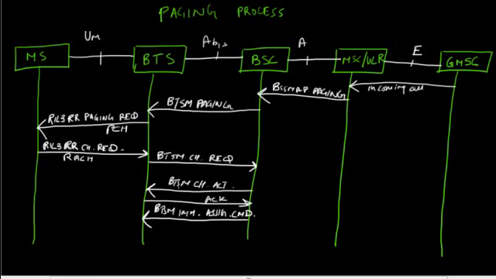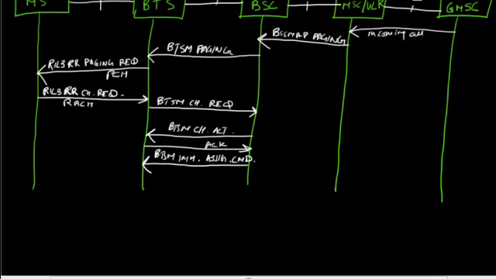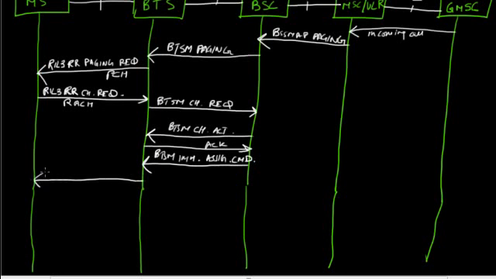Now the BTS, let's move a little bit down where we have more room. So the BTS basically sends a RIL3 RR immediate assignment message to the MS on the access grant channel.